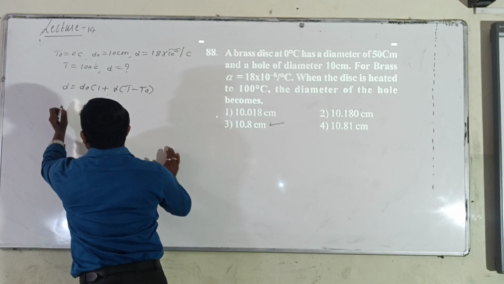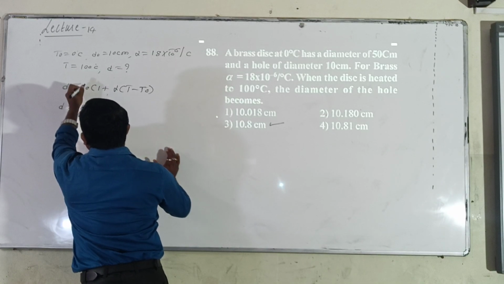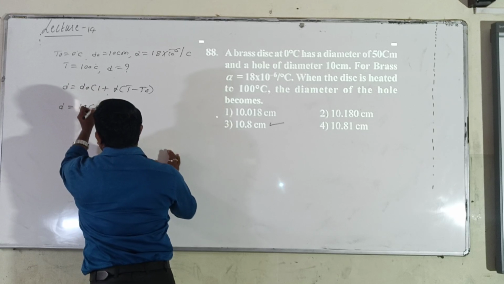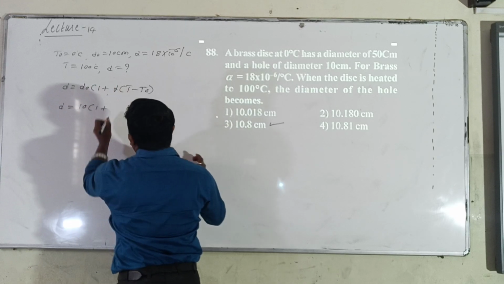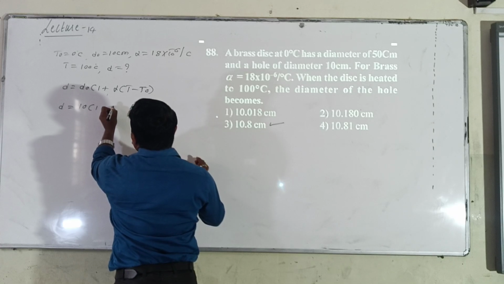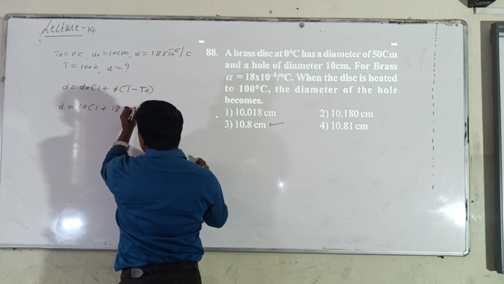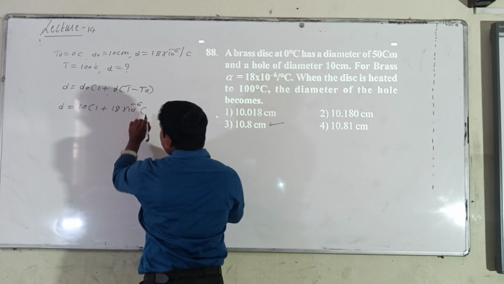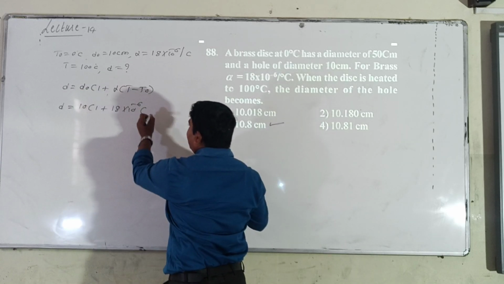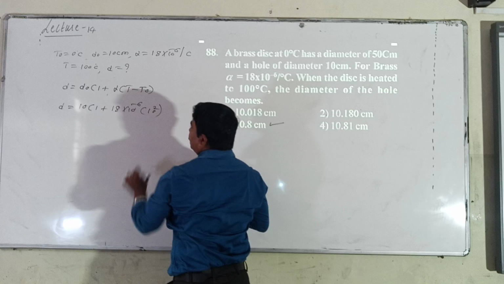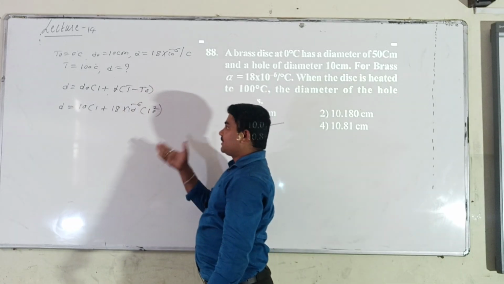Look at me here. D is equal to, D0 is how much? 10 centimeter into bracket 1 plus alpha. What is alpha? 18 into 10 raised to minus 6. Right? T2 minus T1, 100 minus 0, 100, shall I take it as 10 raised to 2? Right or wrong? Just simplify this.